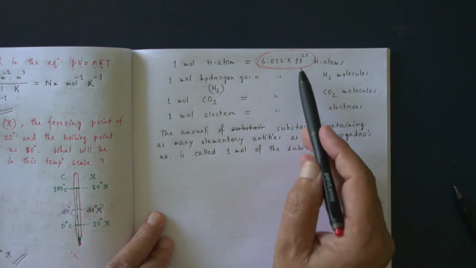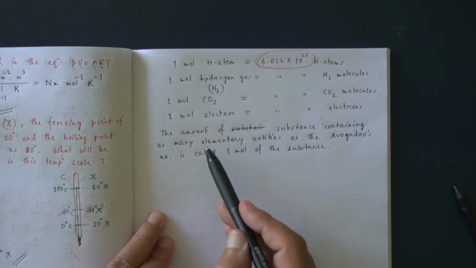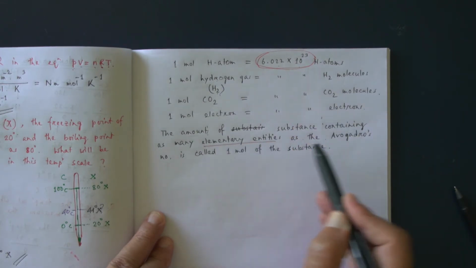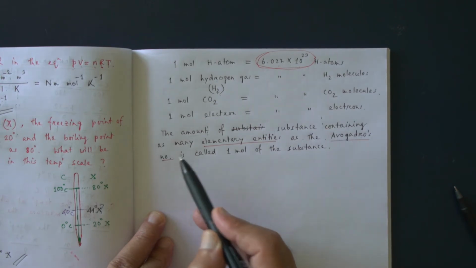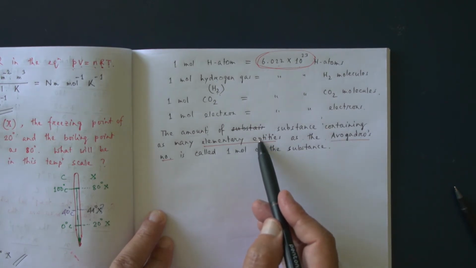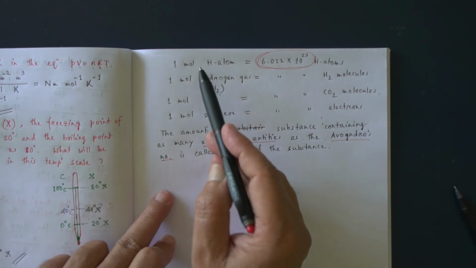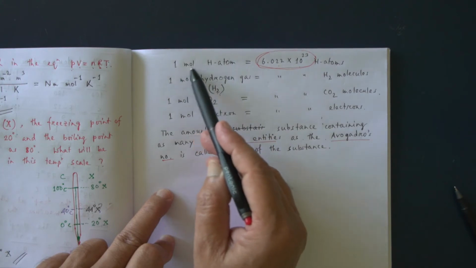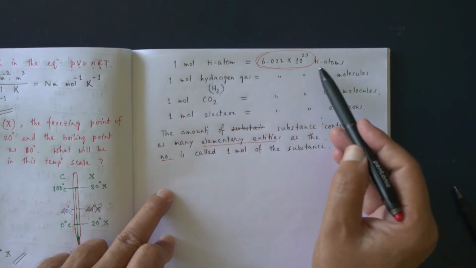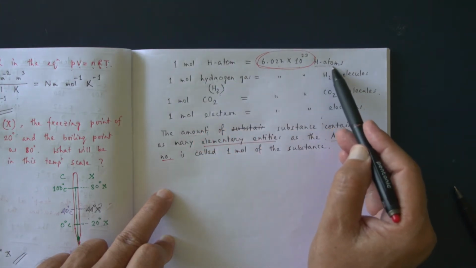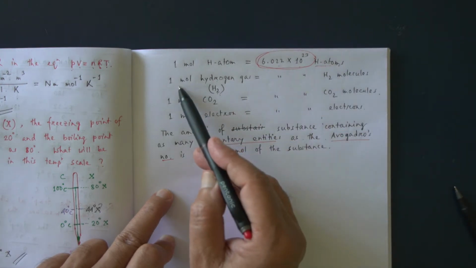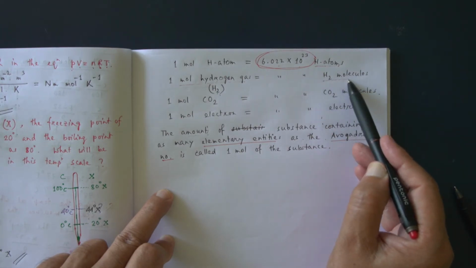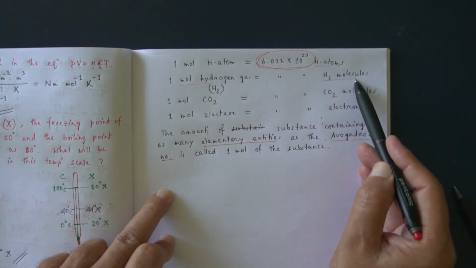Okay. So here we have two things. One is elementary entity, the other is Avogadro's number. So what is elementary entity? In case of 1 mole hydrogen atom, elementary entity is hydrogen atom. In case of 1 mole hydrogen gas, elementary entity is hydrogen molecule.